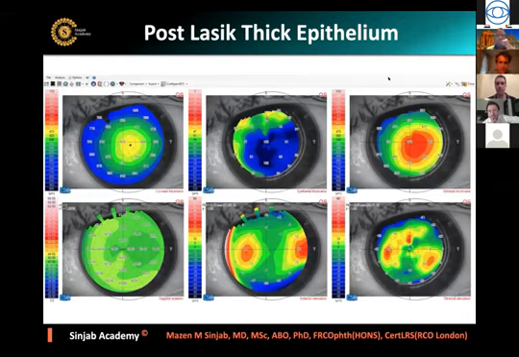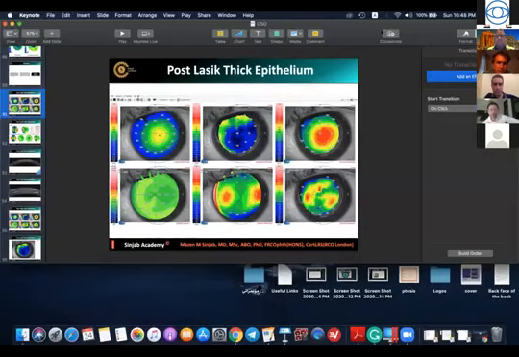Now the problem is, if it was the real true epithelium, after checking the editing option of the epithelium, if it's really truly thick, what would we do? Is that the question that you have, Mazen, right?